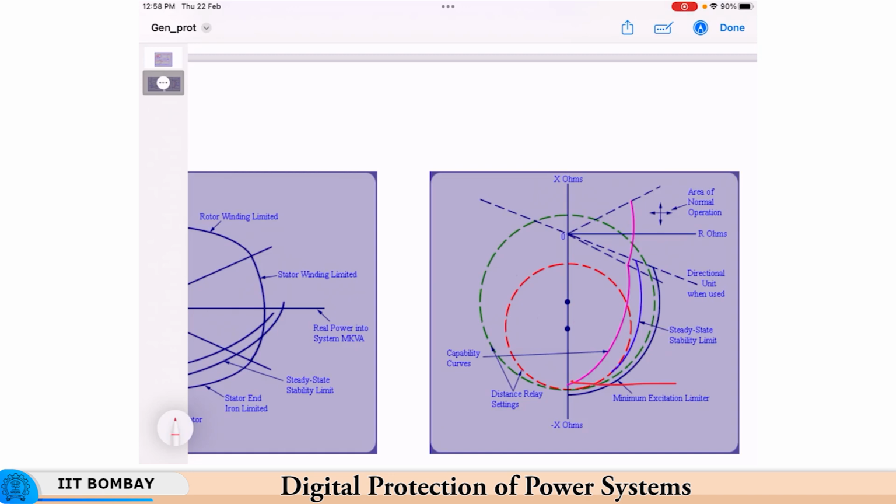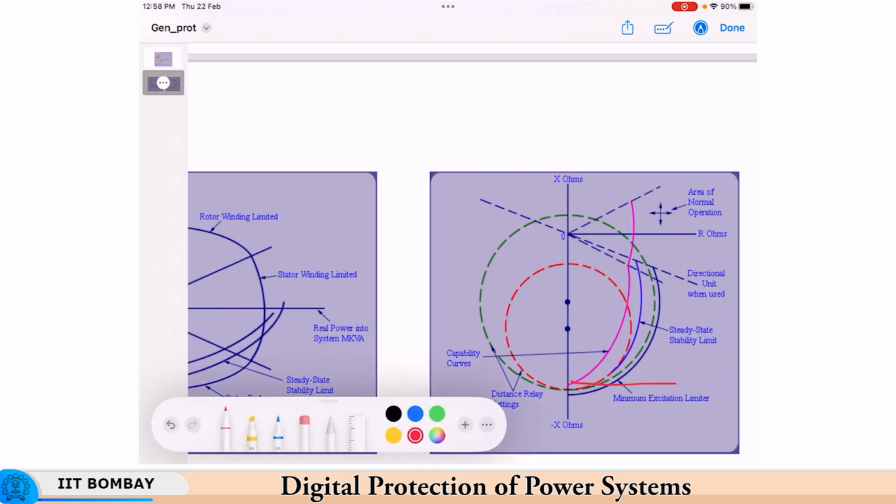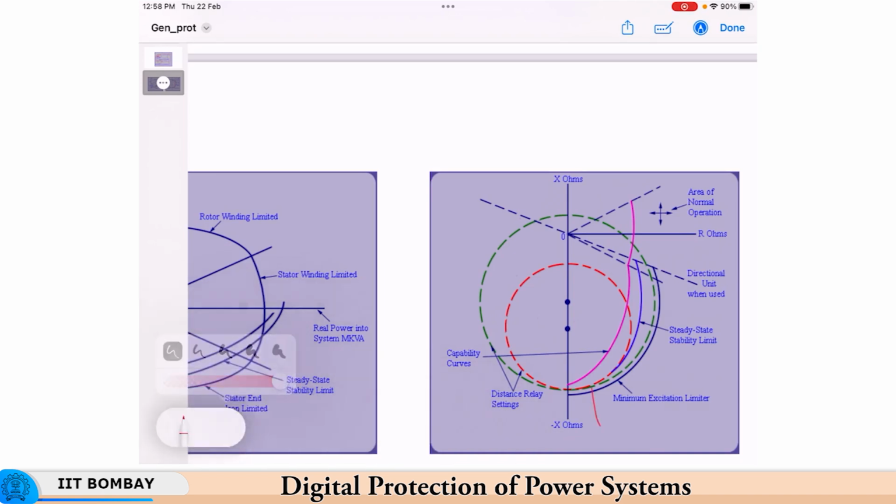Okay. Coming back to the distance relay settings, the inner circle, the red circle here, will protect against complete loss of excitation. So, the impedance relay operates. The normal area of operation is here, between this line and this line.